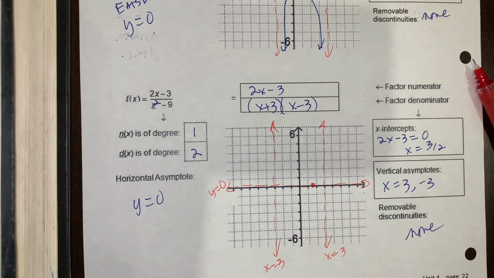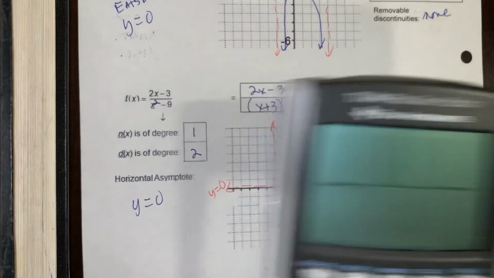And then this graph is going to look like this, and I typed this in.